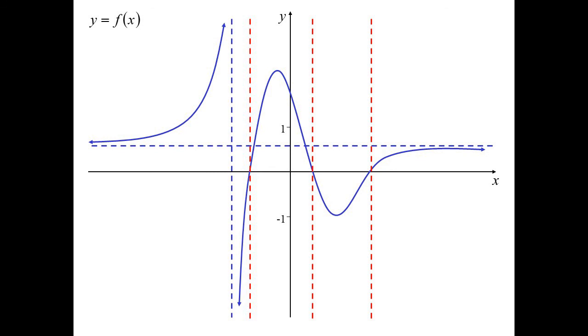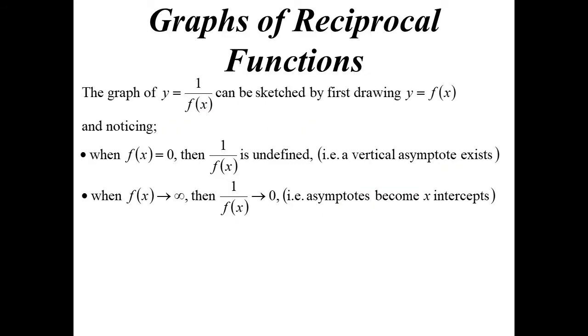What else do I know? Where the original graph's y values were going towards infinity or minus infinity, the reciprocal must be going towards 0. So vertical asymptotes on the original graph will become x-intercepts, sort of.